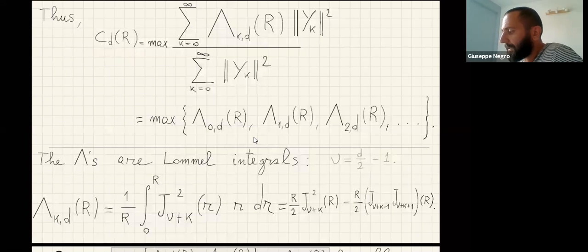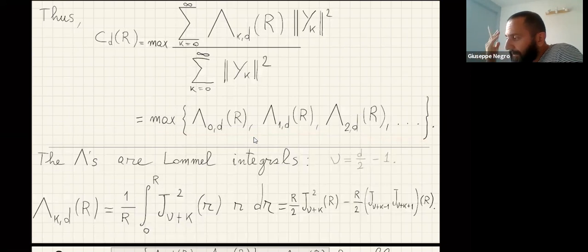Obviously, the maximum is going to be the maximum of these coefficients, provided it exists. We will prove in a moment that it exists. Otherwise, I should have written a sup here, but I think it's clear what I mean. So this orthogonality allows me to reduce the problem of best constant to a maximization problem of a sequence of coefficients.